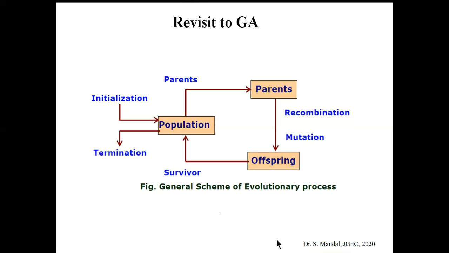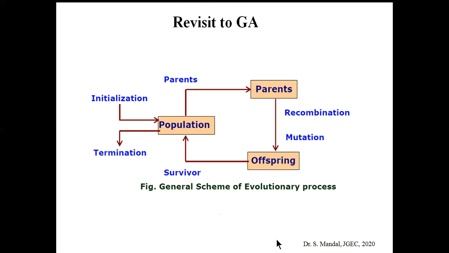After the selection of parents, two operators are applied, that is the recombination, and next one is the mutation. In the recombination process, the characteristics of two parents are interchanged, and during the mutation process new characteristics are incorporated in the parents, and after that we get the resulting offspring or child.